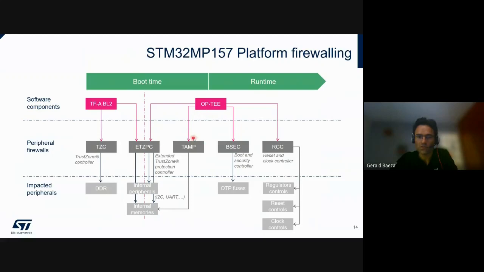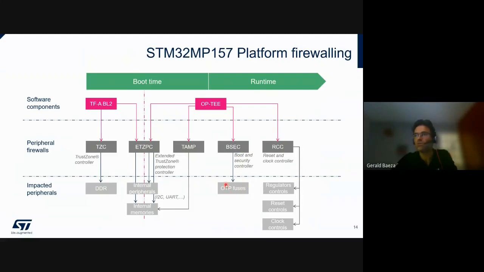So OP-TEE is responsible for the initialization of the TAMP peripheral that will protect all the secrets. Then we have another peripheral that is quite important. It is the BSEC, for Boot and Security Controller. One important aspect of this peripheral is that it is the interface to all the OTP, one-time programmable fuses.